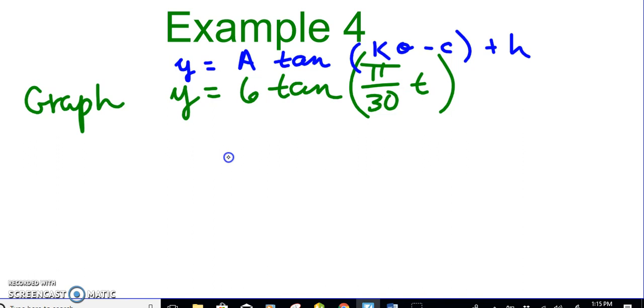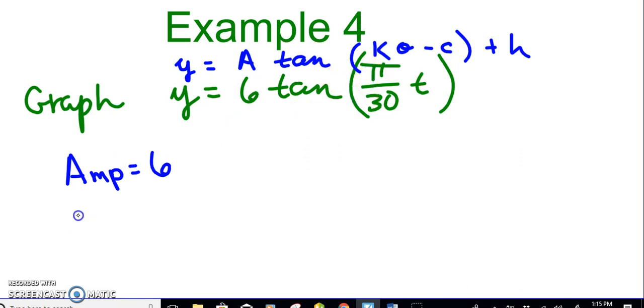But for right now, because it's tangent, the amplitude won't really do anything to the graph per se. Our amp is still 6, and it's not going to do much to the graph.